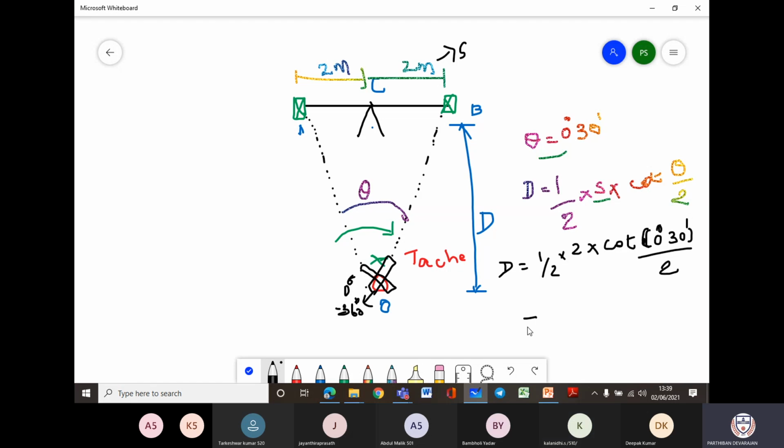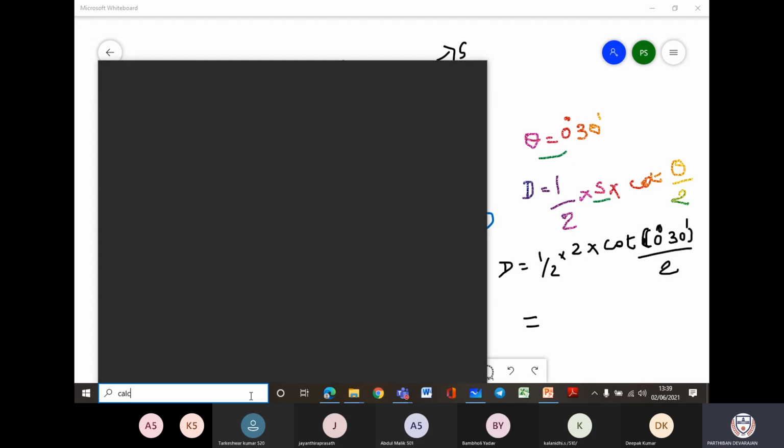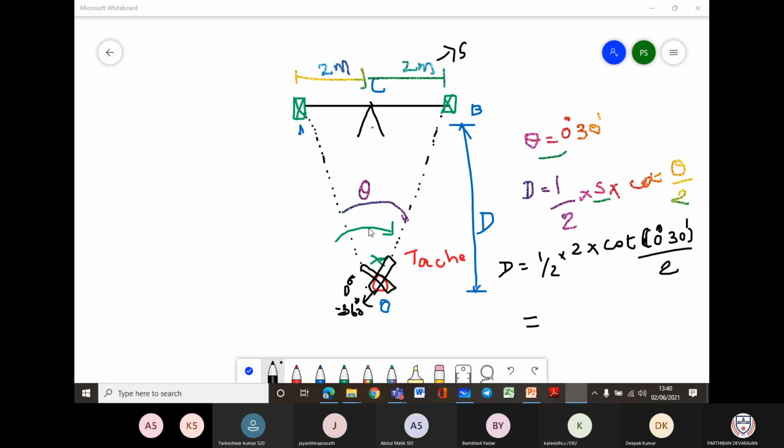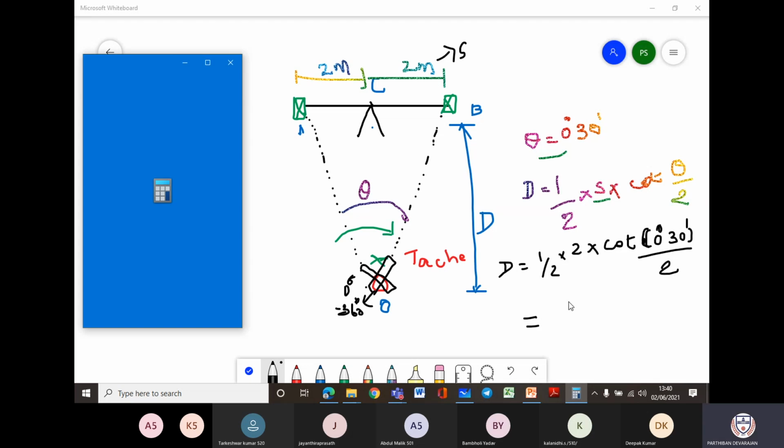So how do you find out the D value? I simply substitute these values. Please wait, I will open my calculator. The calculator is visible.